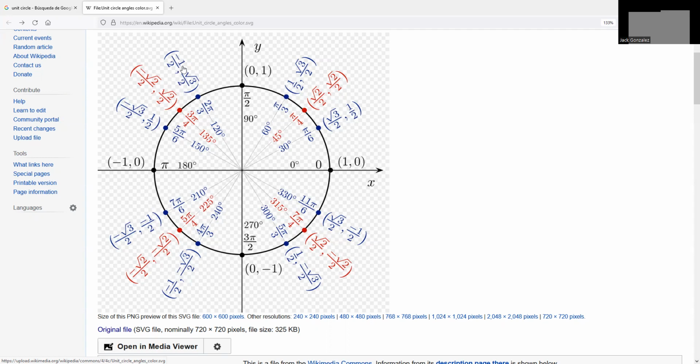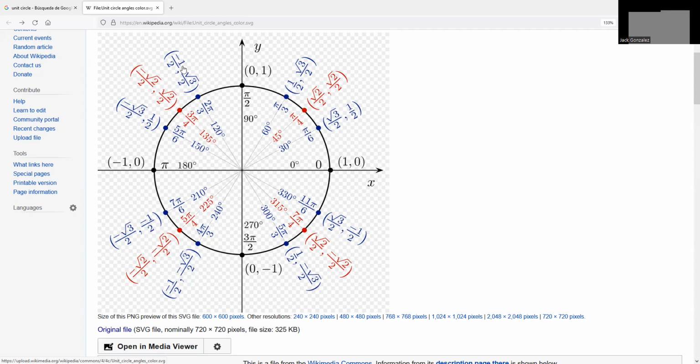Question: what was the formula again? Sine corresponds to y value. Cosine corresponds to x. Tangent corresponds to y over x. Secant is 1 over x. We can have all this on the formula sheet. Yeah, those definitions are fine.